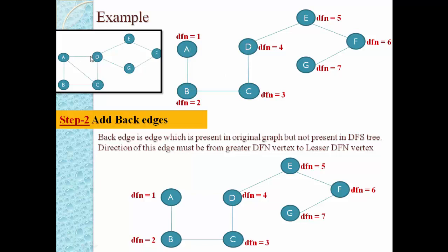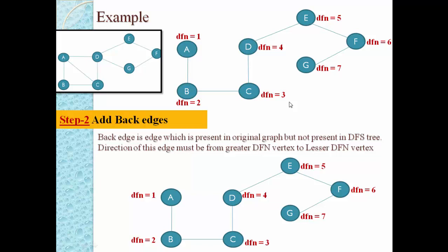Same way, A to D is present in our original graph but not present in our DFS tree. Same way, the D to G edge is present in our original graph but not in our DFS tree.